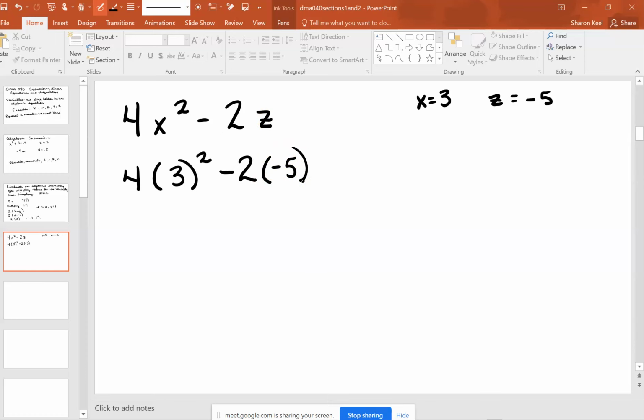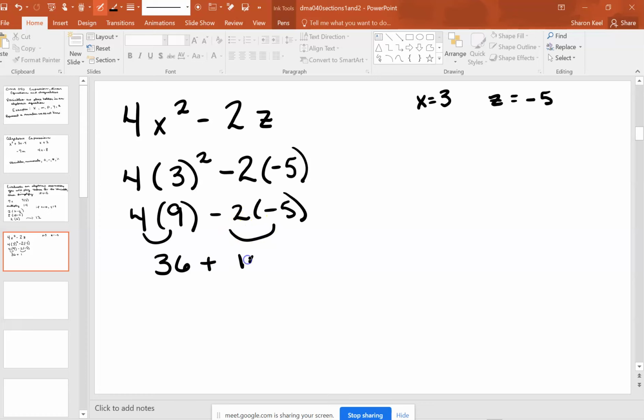As we simplify this, 3 squared, 3 times 3, would give us 9. So we have 4 times 9, which is 36. Those get multiplied. This we're going to treat as negative 2 times negative 5. Negative times negative gives me a positive 10. And 36 plus 10 is going to give us 46.